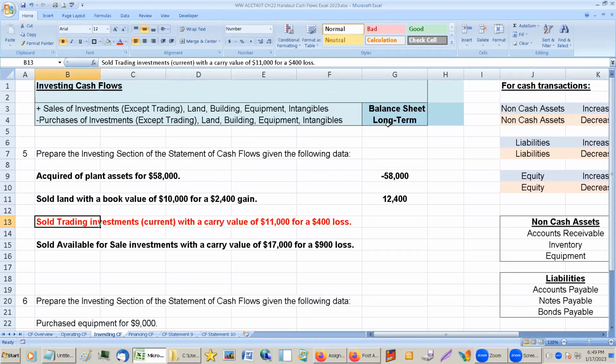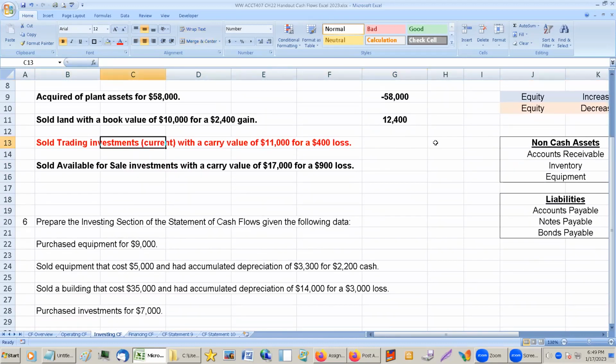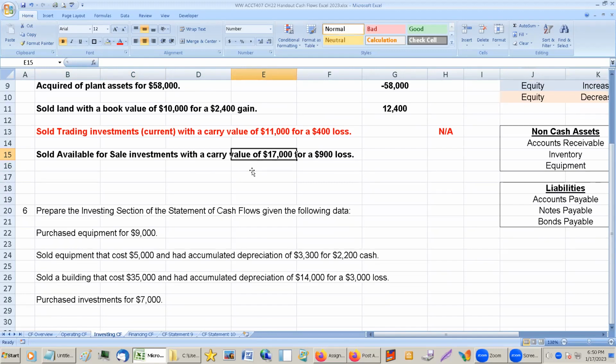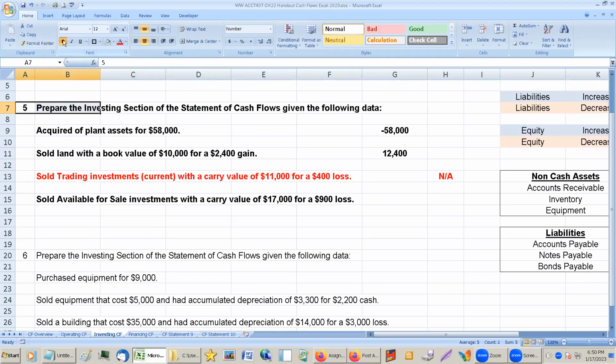Investing section is for long term, whereas these are current, so this will be not applicable. Wrong section. Okay, now available for sale, those are generally longer term ones, so those are in this section usually, anyways.